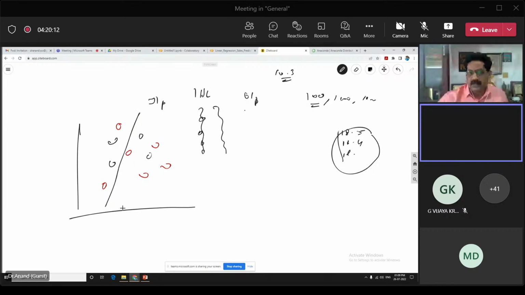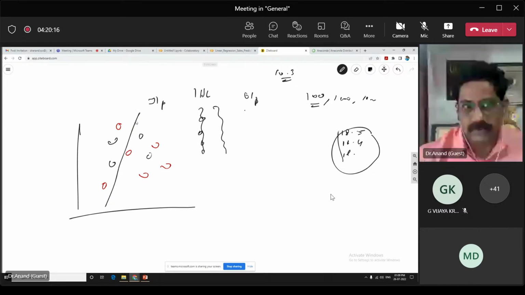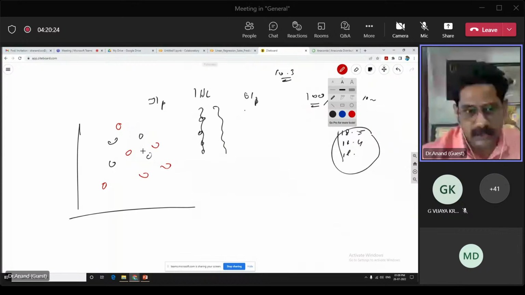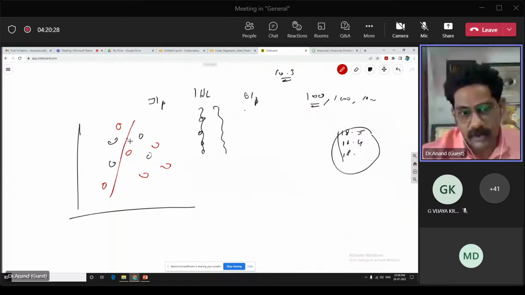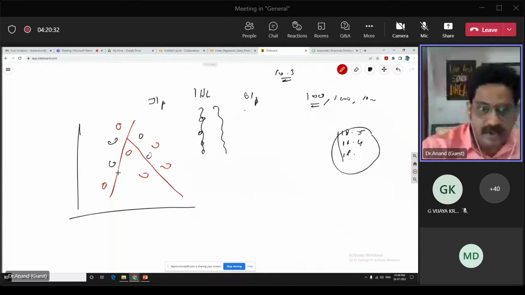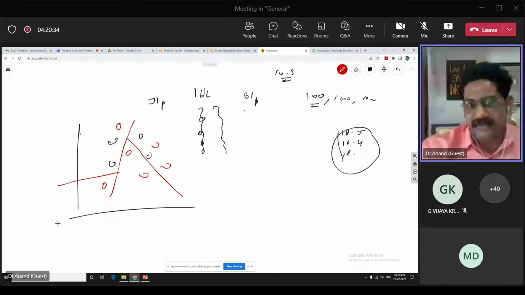It will not converge. Now you add one more hidden layer; the network will try to form one more decision surface like this. Adding another hidden layer, it is going to form another decision surface.